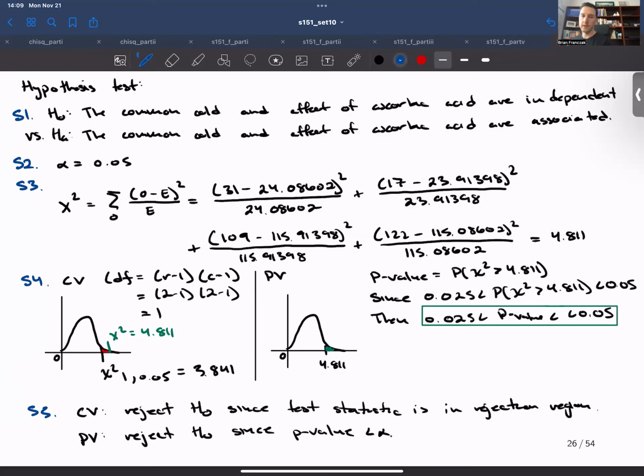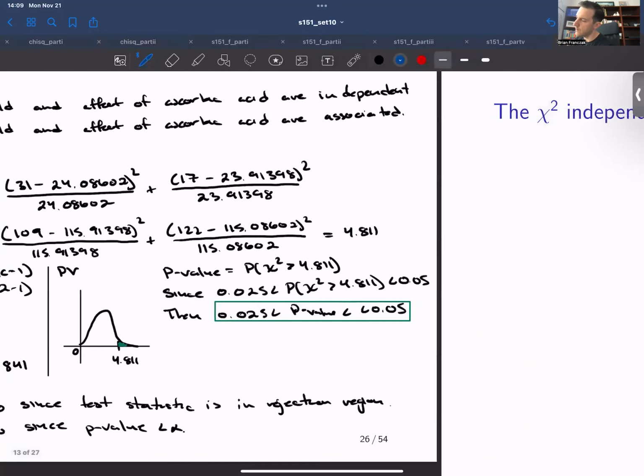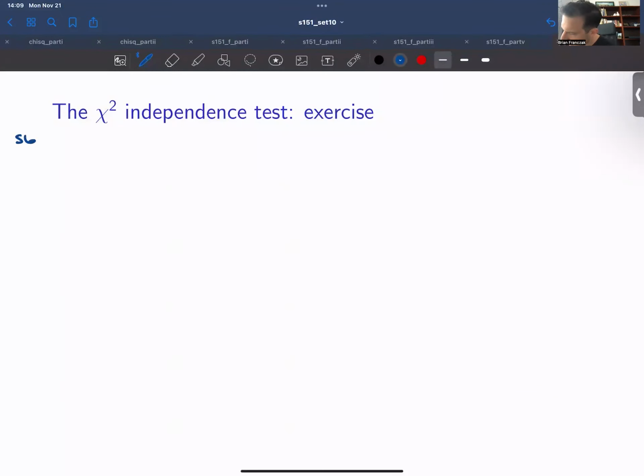Okay, and then the last thing we have to do as per any hypothesis test is conclude. Our concluding statements are going to work in the same way that they've done for the other tests, except we are just phrasing this in terms of the alternative for this particular test.